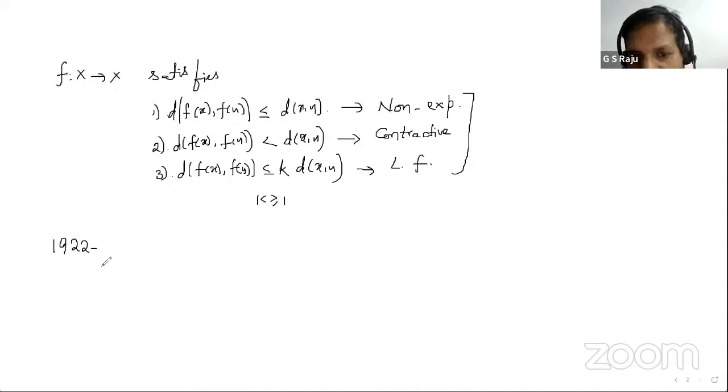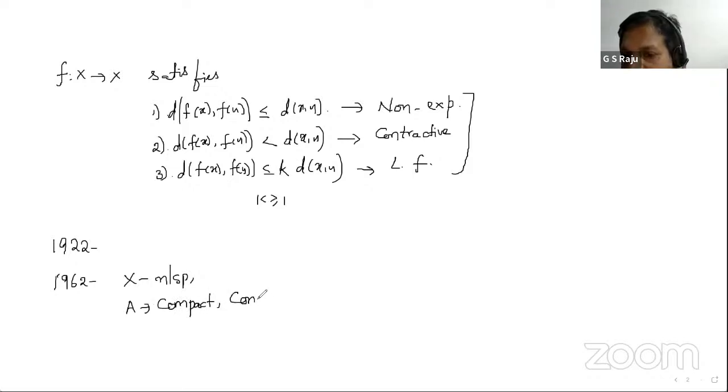After 1922, maybe around 1962, Edelstein proved that if we have a normed linear space X and A is a compact convex subset of X, then any contractive map on A possesses a fixed point.